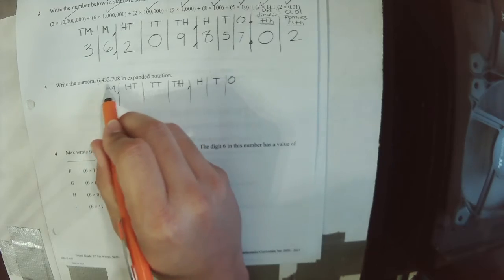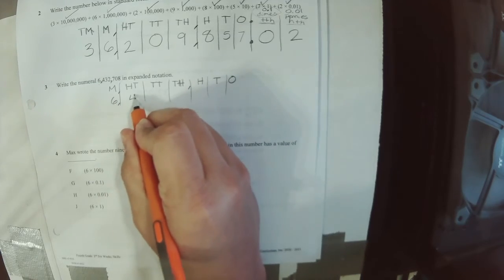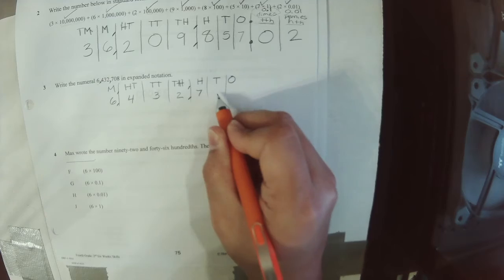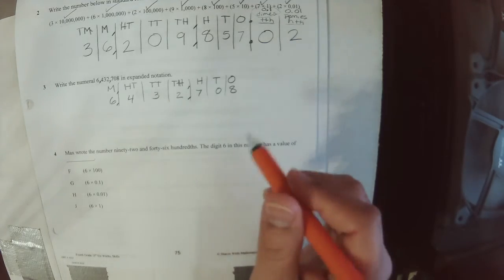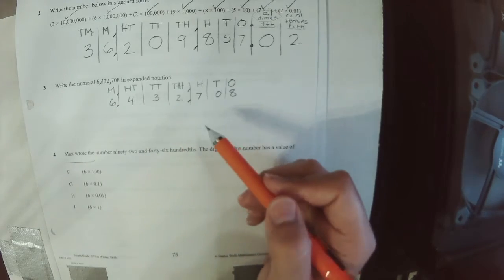I'm going to copy my number, make sure I line it up using my commas. 6, comma, 4, 3, 2, comma, 7, 0. Now all I have to do is use those place values and break up my number.